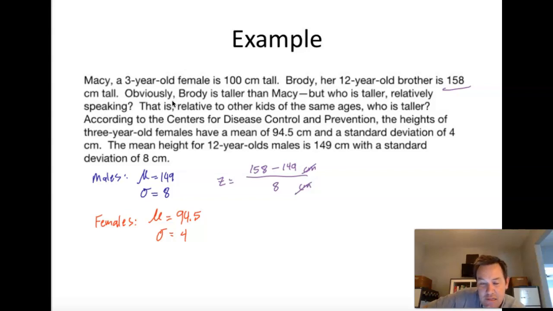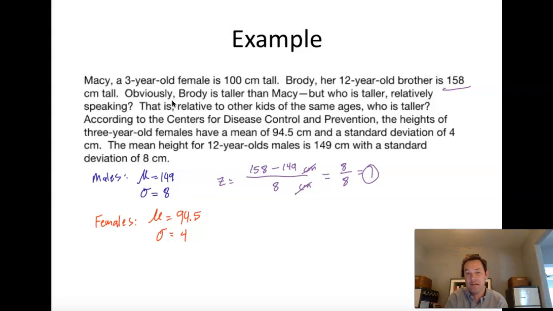It's just a value that tells you how many standard deviations above or below your mean a particular datum is in the data set. So if I do this one by hand, it's not too bad. I get 8 divided by 8, which is 1. All right, so Brody has a Z-score of 1 in the distribution of heights of 12-year-olds. This means that he is 1 standard deviation above the mean height, right? So he's taller. He's on the tall side. He's above the mean by 1 standard deviation.